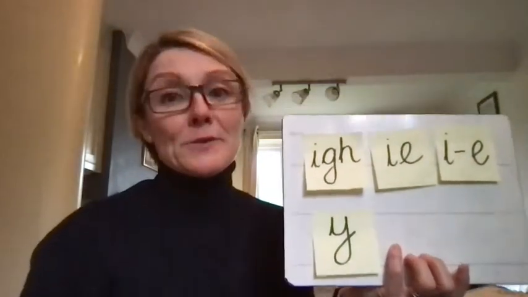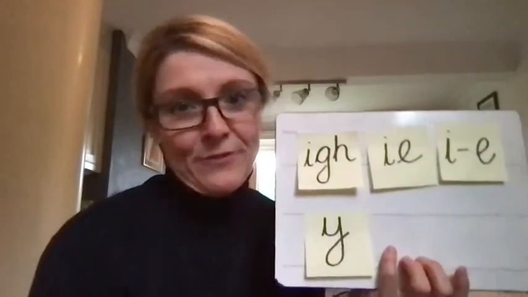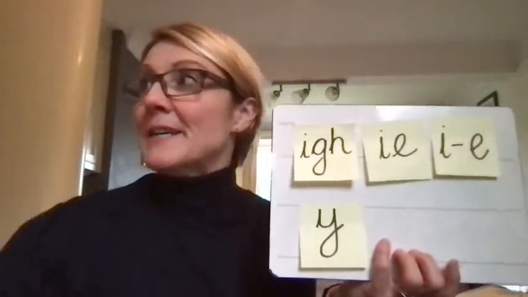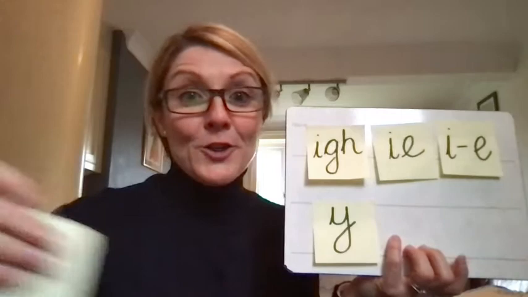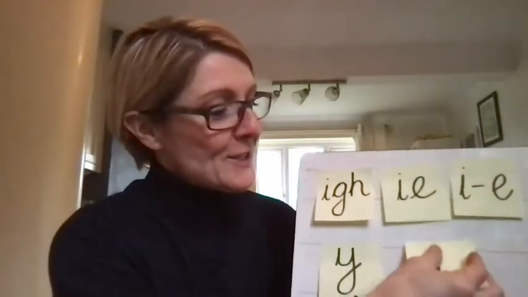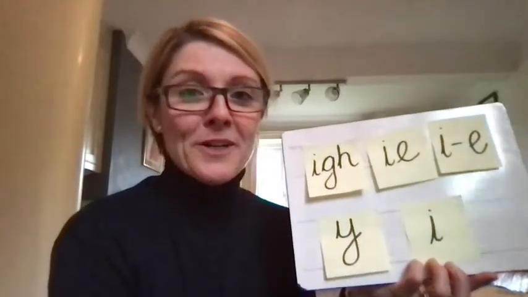Well, guess what? We already have 4 different spellings of I, but you guessed it, we're going to learn just one more. Sometimes just the letter i in a word can make an I sound.